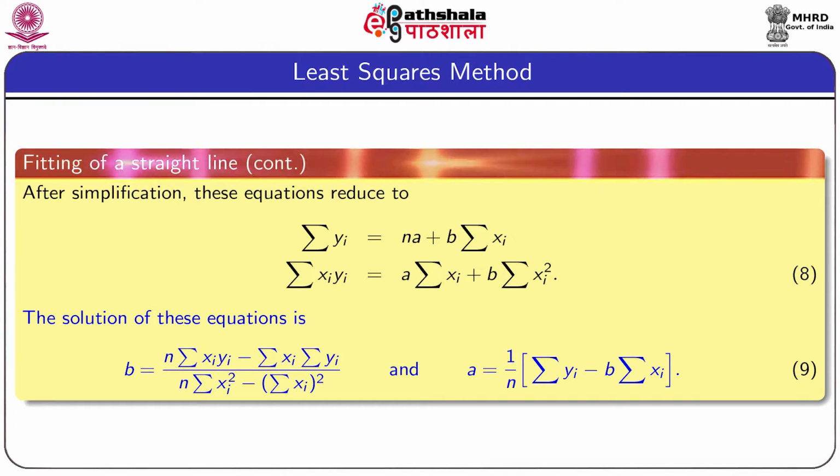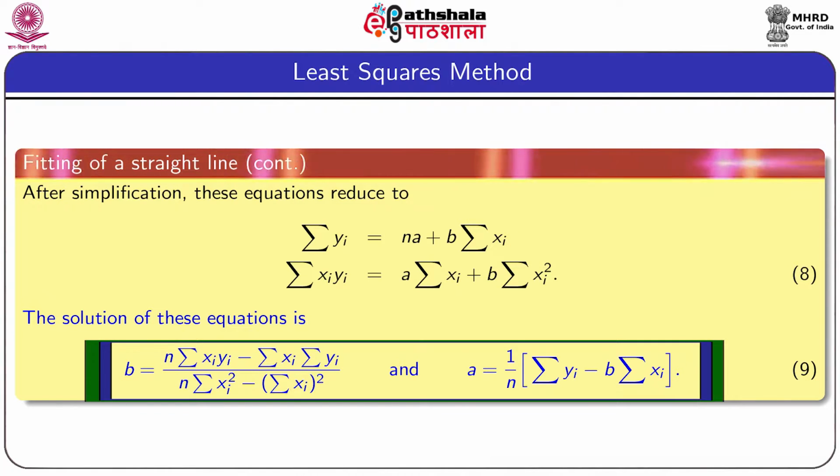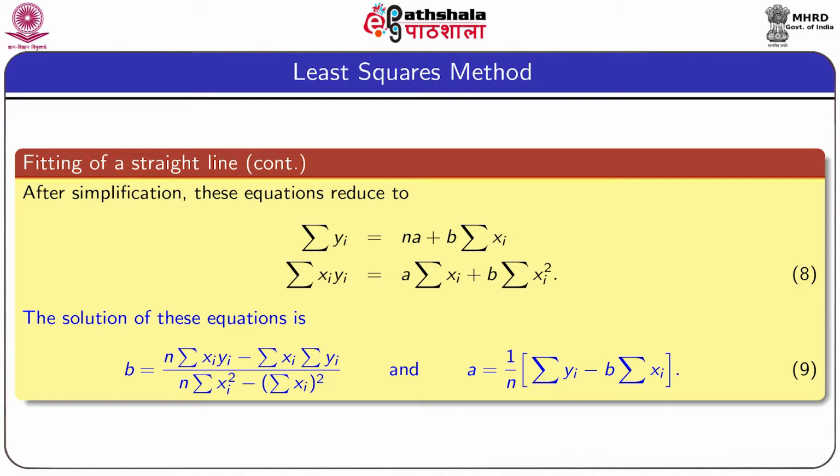The solution of this equation is b equal to, numerator n into summation xi yi minus summation xi into summation yi, and denominator n summation xi square minus (summation xi) whole square, and a equal to 1 by n into (summation yi minus b into summation xi). If b is obtained from the first term, then we can calculate the value of a using equation 9.